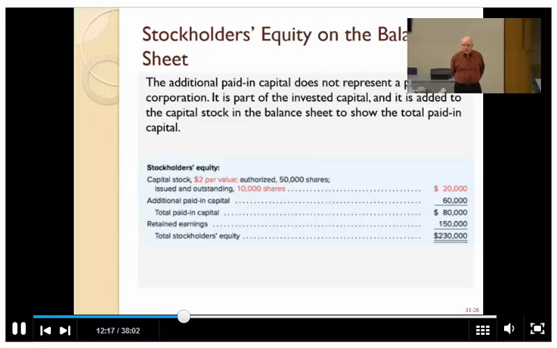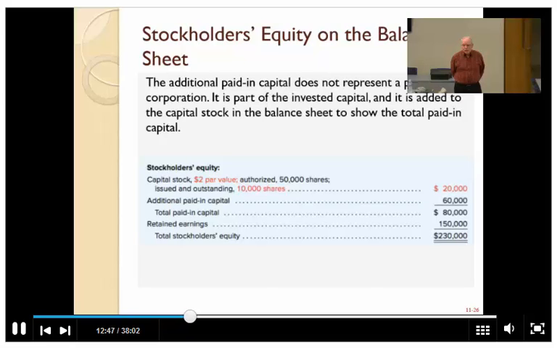And when you're doing your projects and you look at the balance sheet of your projects, that's the stockholders' equity account. The presentation should be in this format. The additional paid-in capital is what was paid in excess of par. So once you list your paid-in capital, then you show retained earnings.